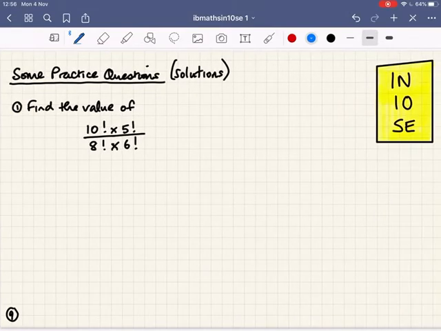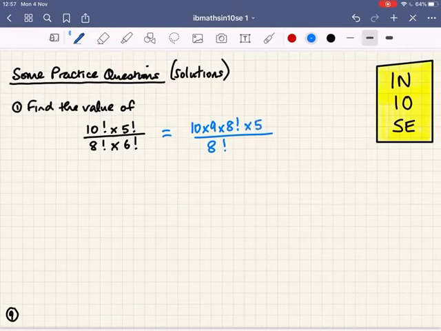So the first one, just working with the same method as before. Let's factorize this expression using the smaller numbers. So 10 factorial over 8 factorial. Let's write that as 8 factorial on the bottom, but 10 times 9 times 8 factorial on the top. And then 5 factorial and 6 factorial.